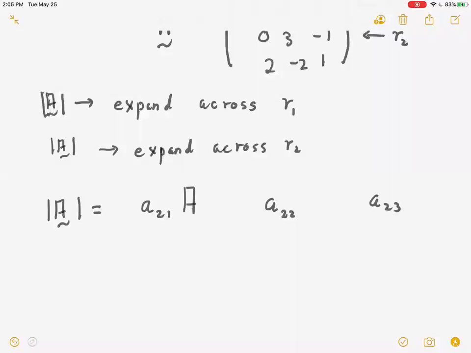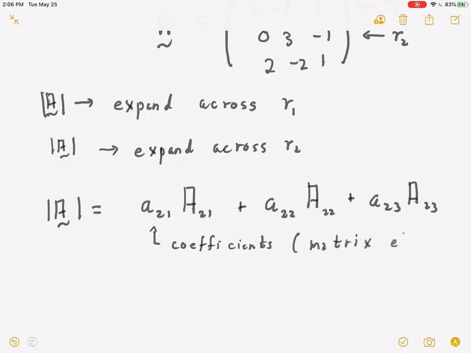And each one of those matrix elements gets multiplied by a symbol with a capital letter and the same set of subscripts. These matrix elements are coefficients, or just numbers. But these capital letters are what we define as cofactors. So the way you tell your audience that you're dealing with a cofactor is you write it as a symbol with a capital letter.